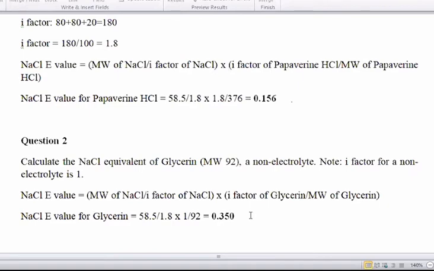Are we okay? Sir, I have a question. Yes, Chris. I think I didn't get you in the first question. You started with 1.8 for sodium, the I factor.